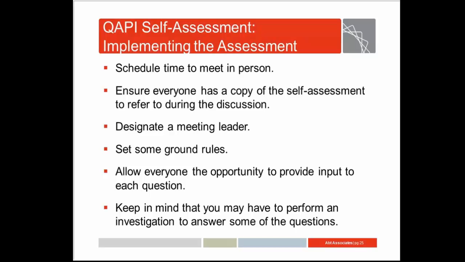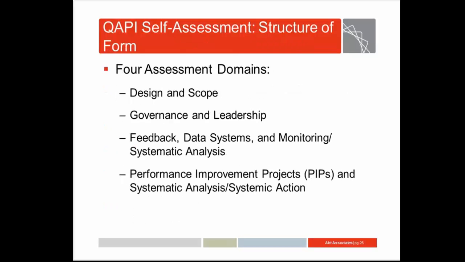Okay, let's move on now to the self-assessment itself and what to do after it's completed. Many of you may be familiar with the 5 domains of QAPI: design and scope, governance and leadership, feedback, data systems and monitoring, performance improvement, or PIPs, systematic analysis, and systemic action. The AppSpot initiative team has based the self-assessment tool on these 5 elements and organized the assessment into 4 domains rather than 5.